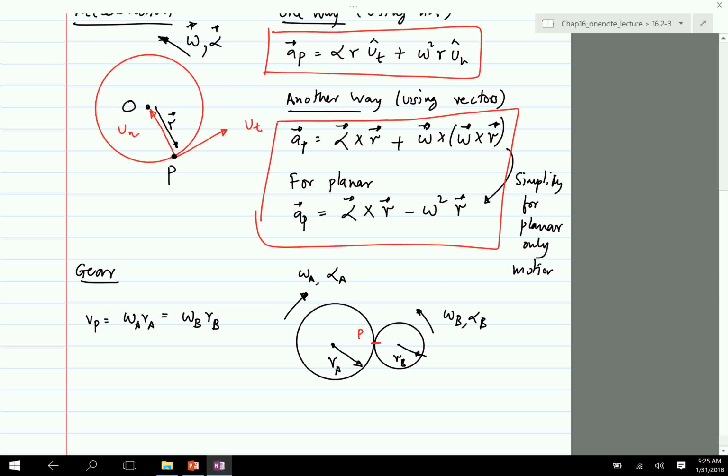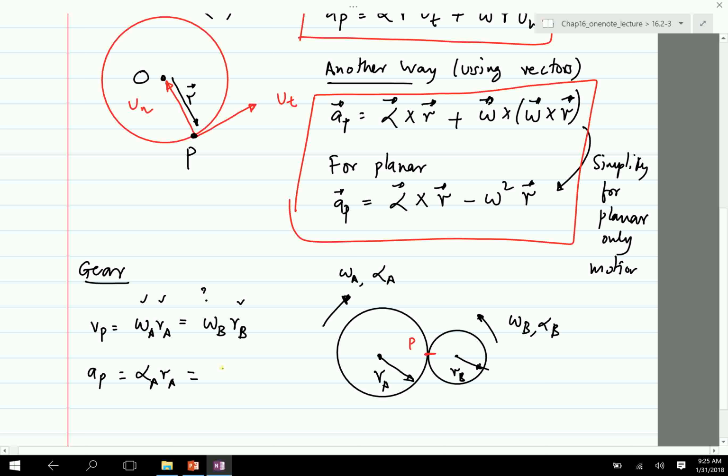So if you assume that omega A is the input gear, then omega B is the unknown. You can find that because you normally know the dimensions of the gears. Similarly, the point P has an acceleration. That acceleration is alpha A RA, which should be equal to alpha B RB. So similarly, if you know RA and RB and you know alpha A, then you can find alpha B.